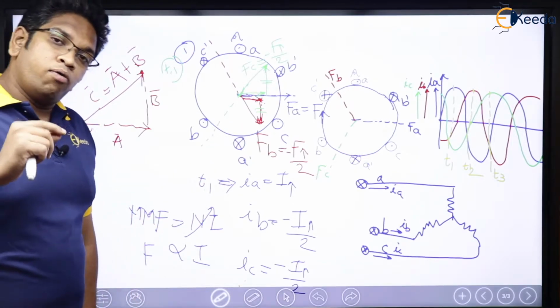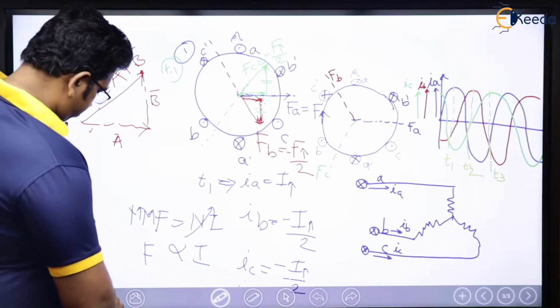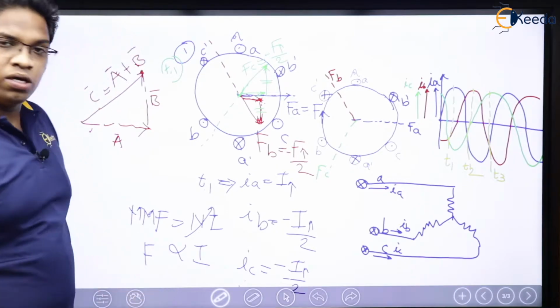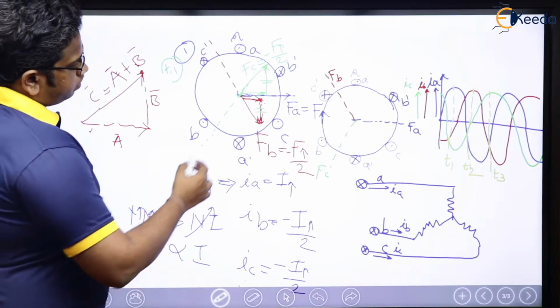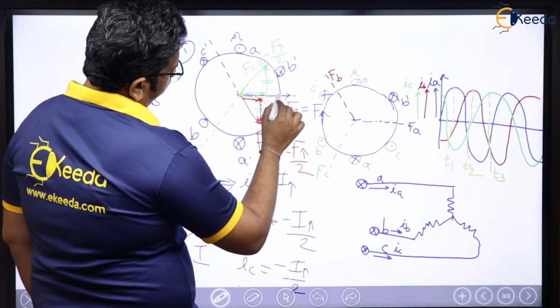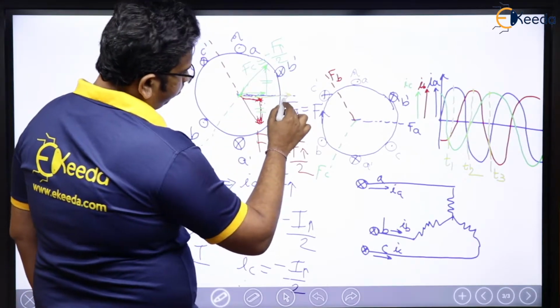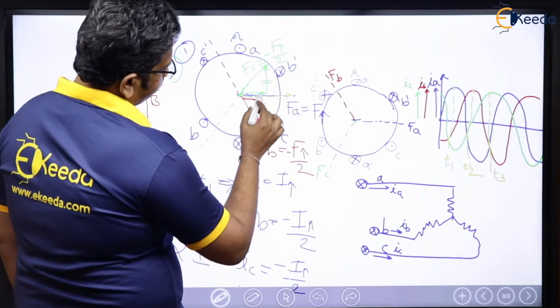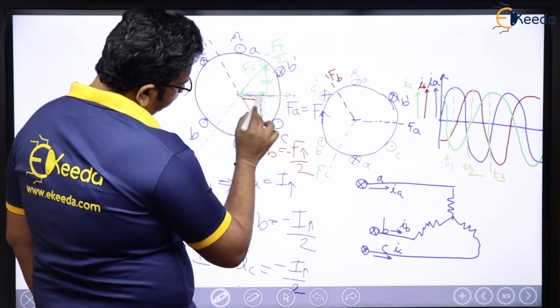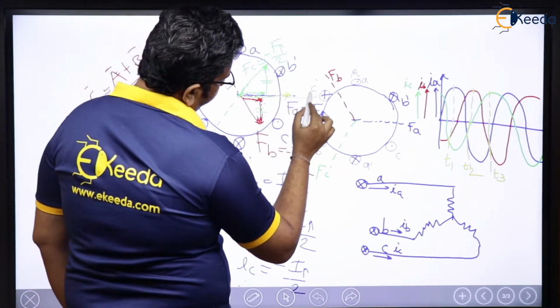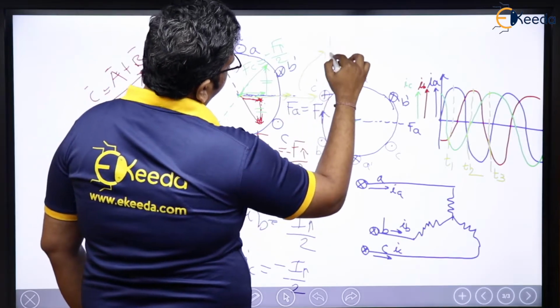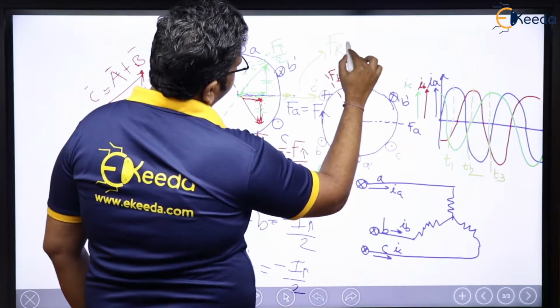So what is going to be the resultant? Resultant will be F maximum plus this one and this one, these two components. So resultant is going to be this one, F resultant.